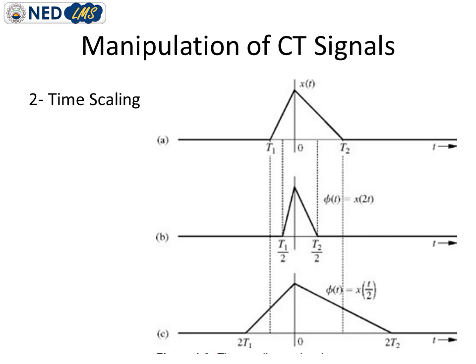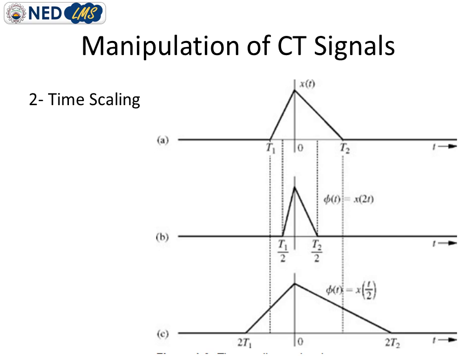Using the same argument, we can also comment that the original signal x of t, as in figure A, can be expanded, or in other words can be slowed down in time by a factor of 2.